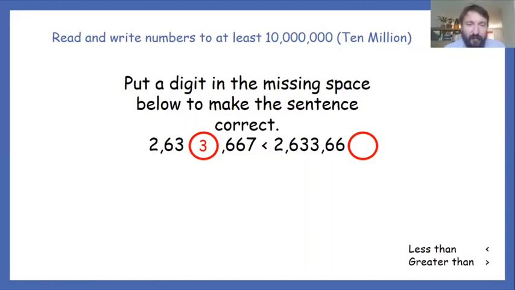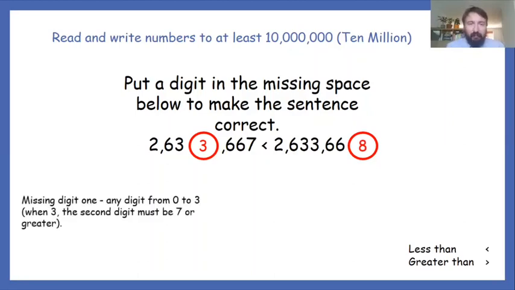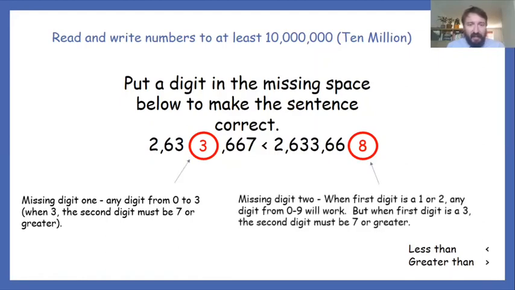So when you're looking in your thousands column there, I need to make sure that the number on the left hand side is going to be lower than the number on the right hand side. And here is just a little explanation for you to have a look.